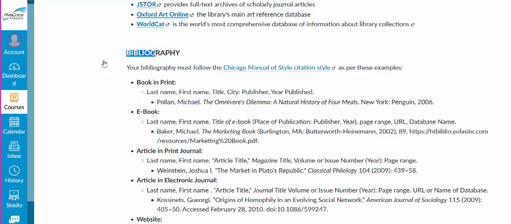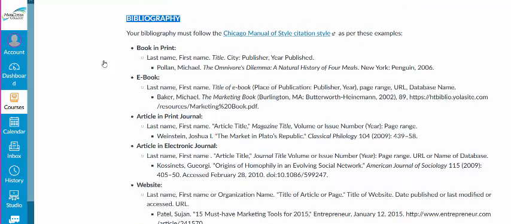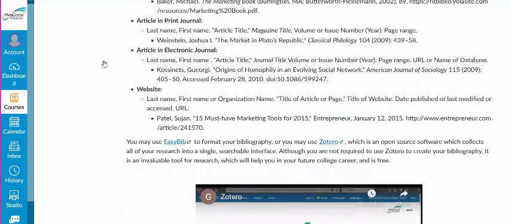You'll also be creating a bibliography each week for your assignment, and they must follow the Chicago Manual of Style citation style. And I've given you some formats for different types of references, so be sure to have a look at that.